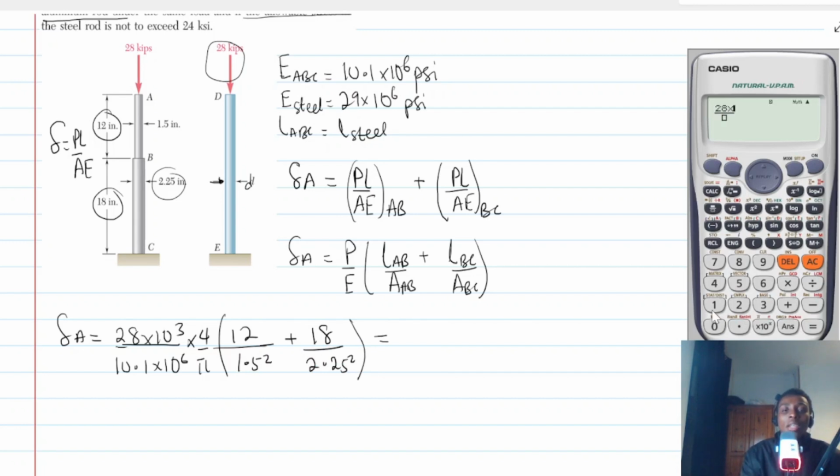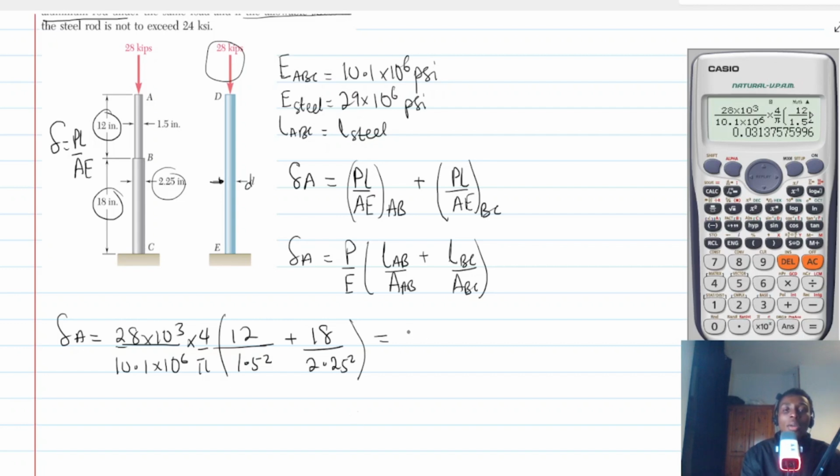We will get 28 times 10 to the power 3 divided by 10.1 times 10 to the power 6, multiplied by 4 divided, oh sorry, let's do it again. 28 times 10 to the power 3 divided by 10.1 times 10 to the power 6, and then I'll multiply this by 4 divided by pi, and then into 12 over 1.5 squared plus 18 divided by 2.25 squared, and that gives us 0.031376 inch.